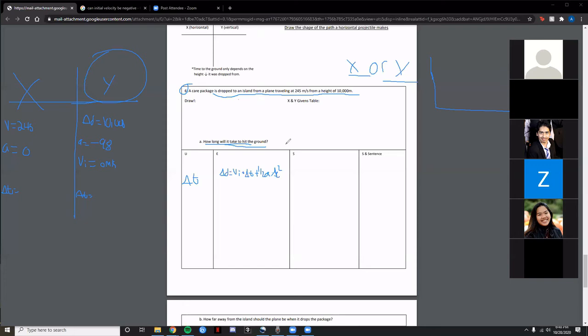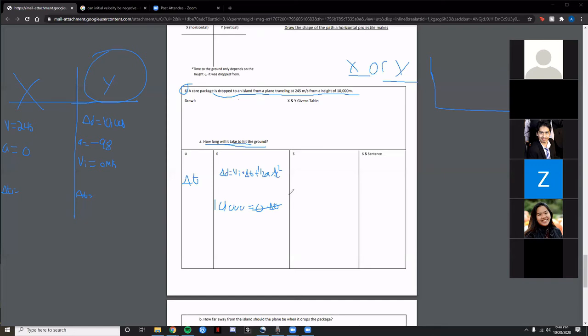What you could do is plug in everything. So you could do 10,000 equals V of I, and V of I is 0. What do we say about if V of I equals 0? You could take out the whole part with the zero. Yes, Andrew's life hacks. Then what's 1/2 of A?